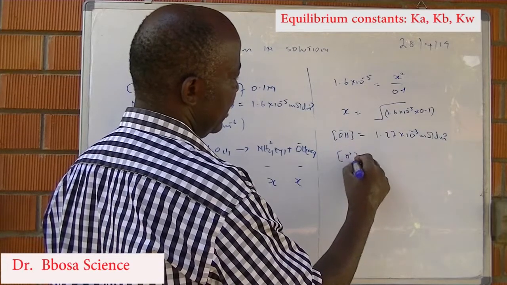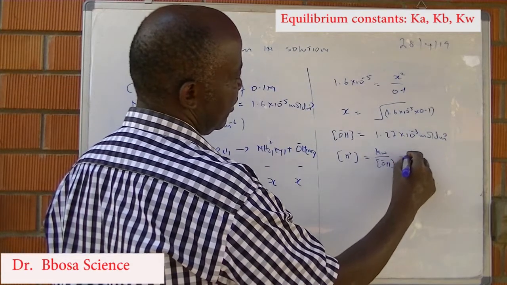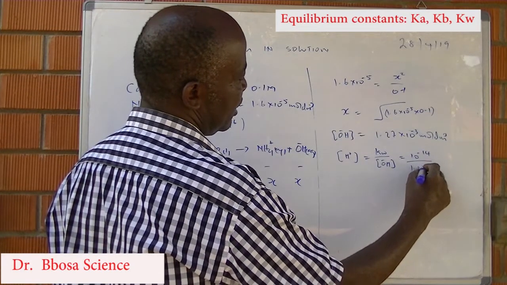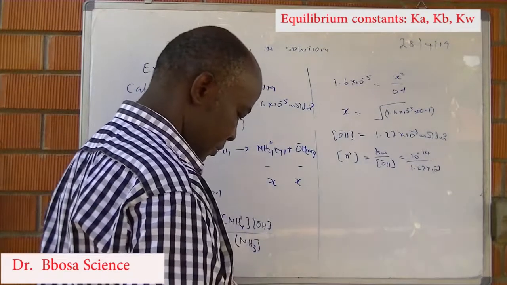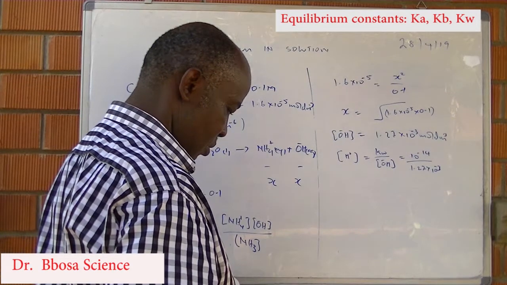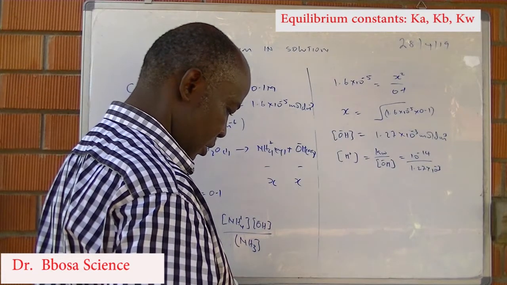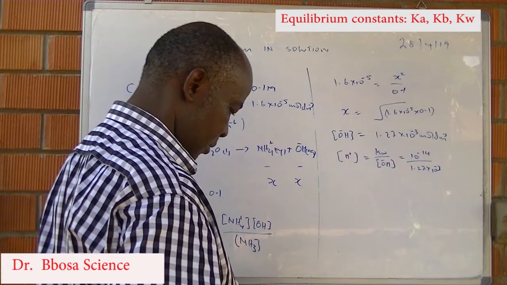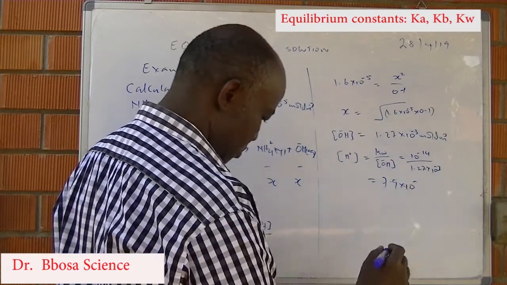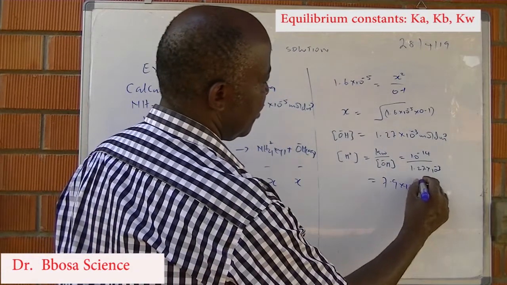Concentration of hydrogen ions is equal to Kw over the concentration of OH ion, which is 10 to the power negative 14 over 1.27 times 10 to the power negative 3, which is equal to 7.9 times 10 to the power negative 12.